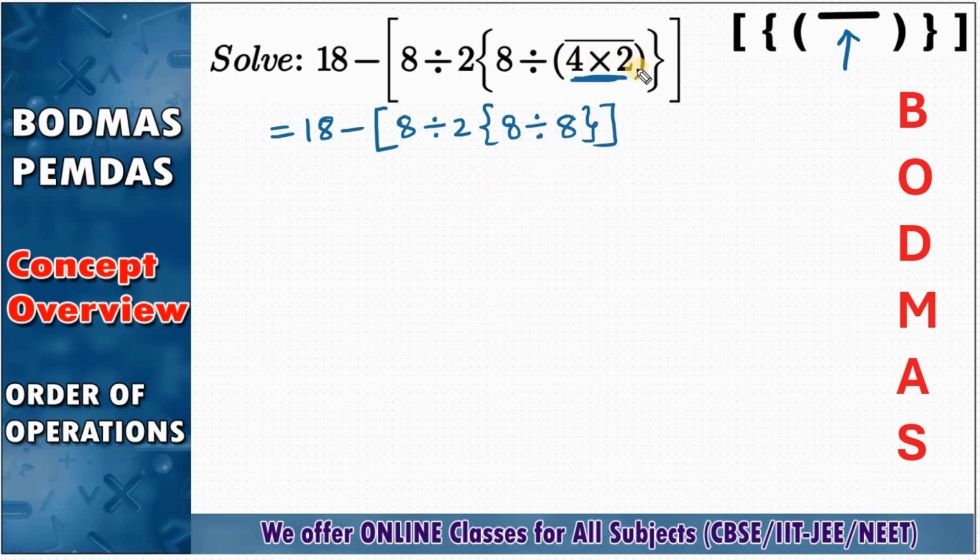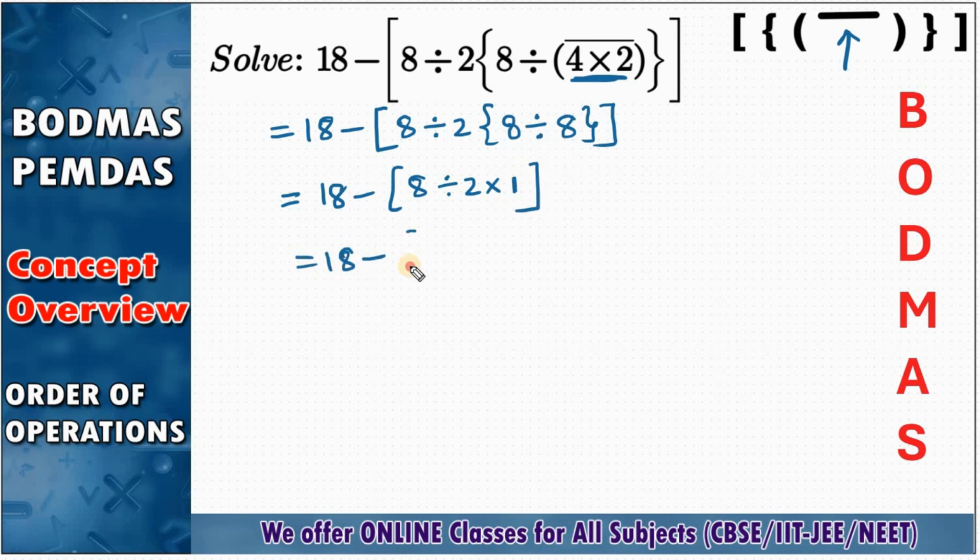So in this step you can remove the small bracket at the same time as the vinculum. Next 18 minus 8 divided by 2. Here 8 divides 8. In flower bracket you can say this operation, 8 divides 8 is 1 actually. So 2 times of 1 you can write, and then square bracket.